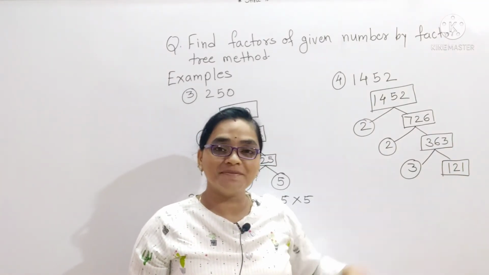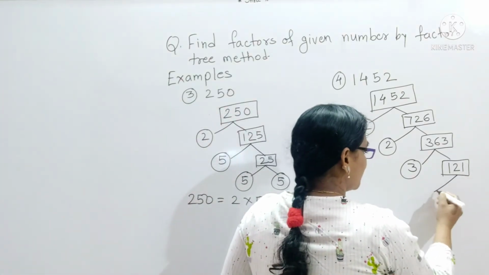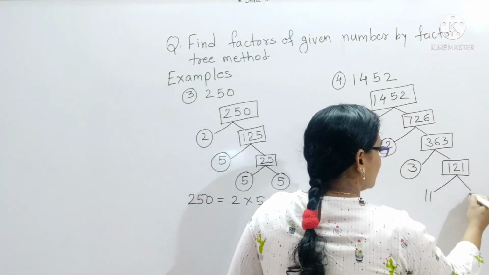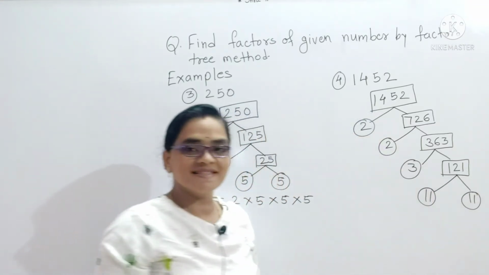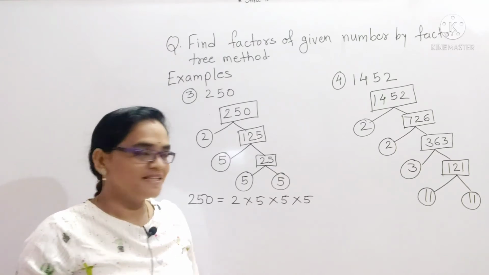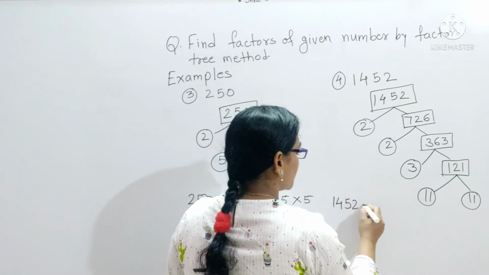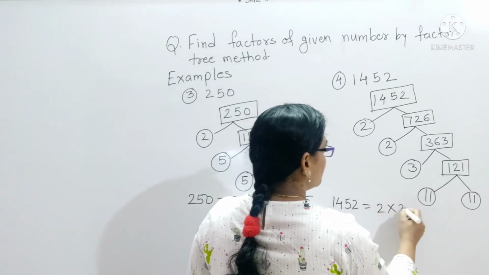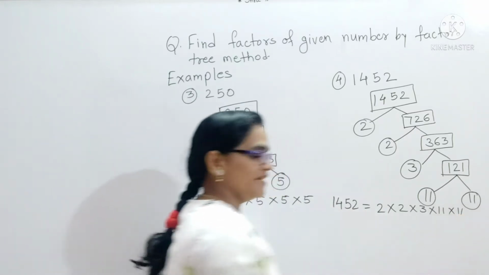Yes, it is divisible by 11. 11 square is 121. So 11 and 11, we are getting two prime factors, and both have to be circled because they are prime numbers. Which prime factors did we get for 1452? 2 into 2 into 3 into 11 into 11.